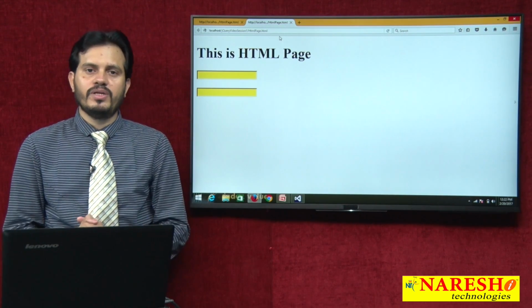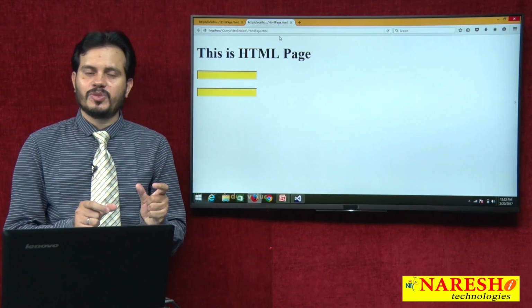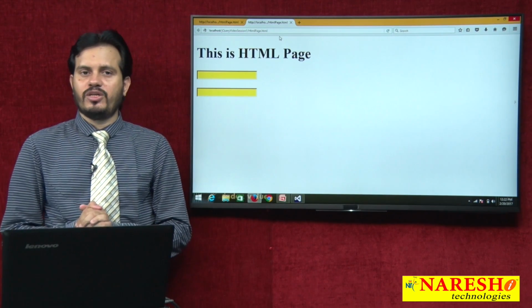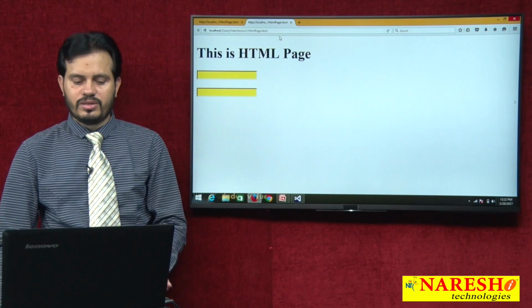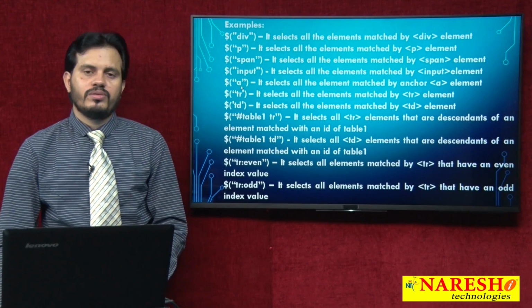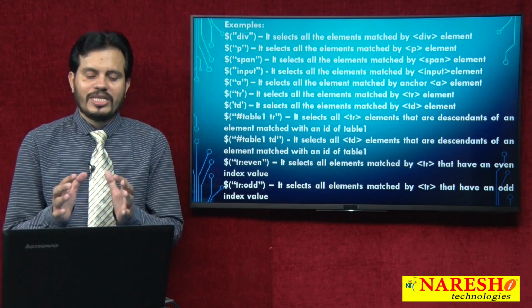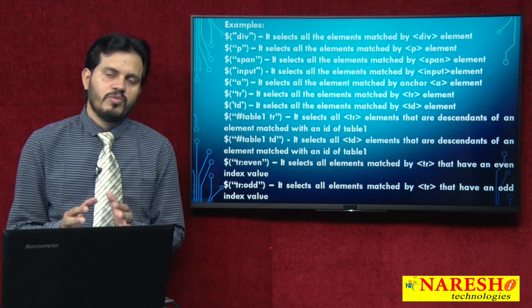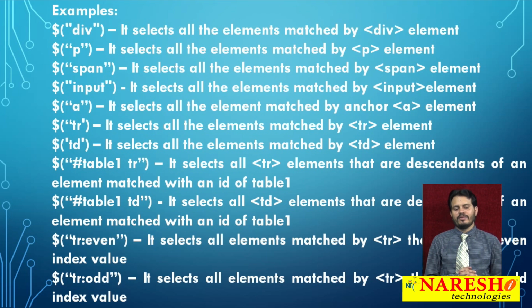So easily we have done this with the help of the jQuery select expression and the particular action method, the CSS method. Now here we need to perform an operation while selecting all elements matched by the anchor tag, the HTML anchor tag, which is always used for providing links on the page in order to navigate from one page to some other page.